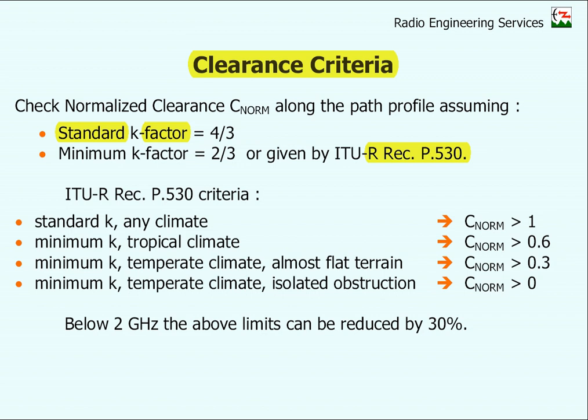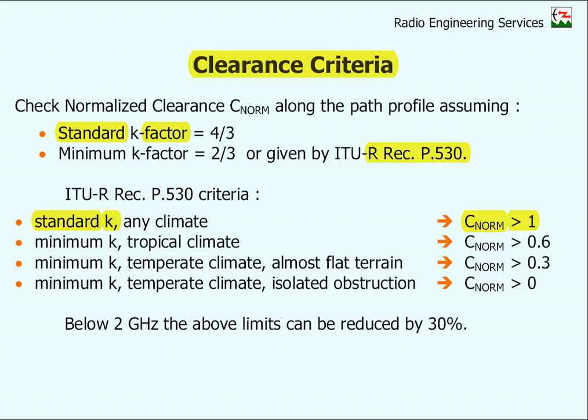The state standard K-factor means that the corresponding criterion is applied most of the time. In this state, it is required that normalized clearance is greater than 1. That is, the whole Fresnel ellipsoid must be free from obstructions.